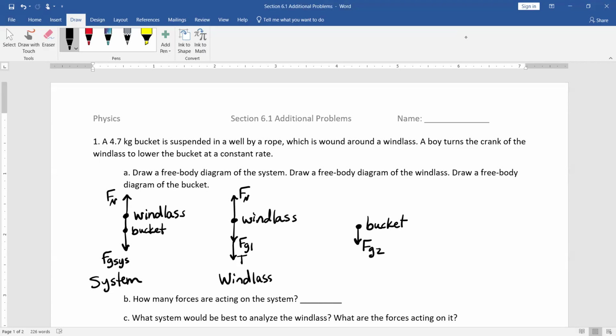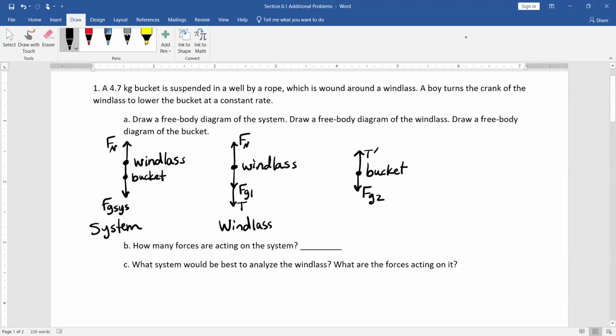And then we have that tension between the bucket and the windlass, and so that's T prime. As you can see with this one, in the case of the tension, our downward tension is actually going to be negative because it's downward, and then our tension prime is going to be positive.